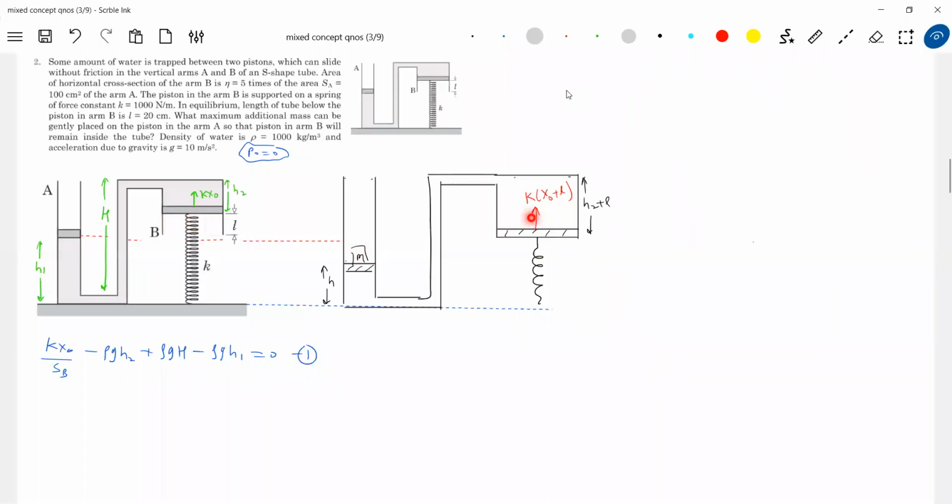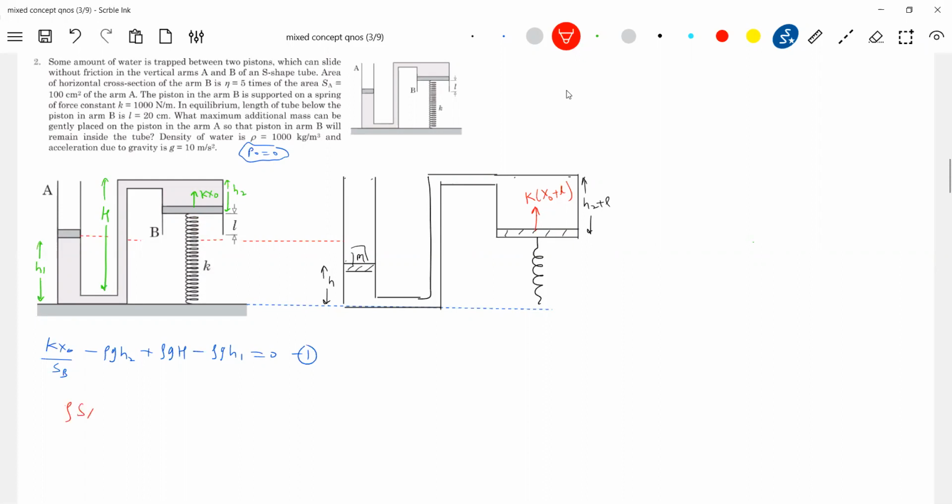This much liquid has come here. So shall we go for conservation of mass of the liquid? The amount of liquid that got displaced from column A should appear in column B. So mass should be conserved.